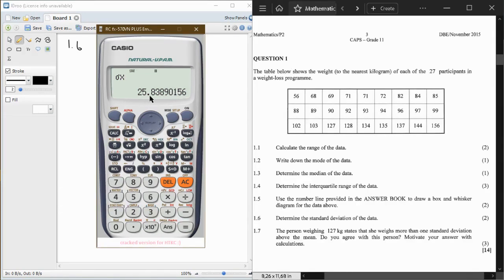Then you press the equal sign. When you round off to 2 decimal places, it is 25,884.